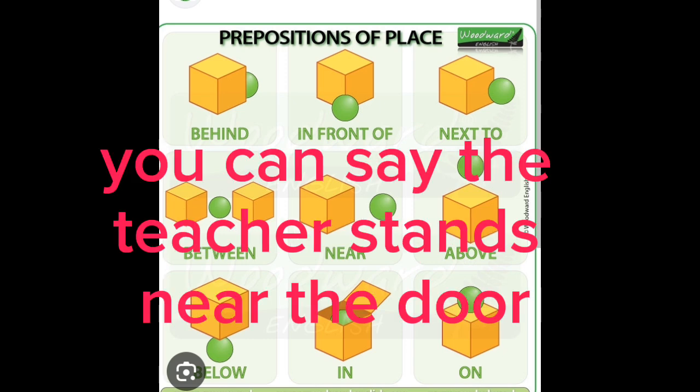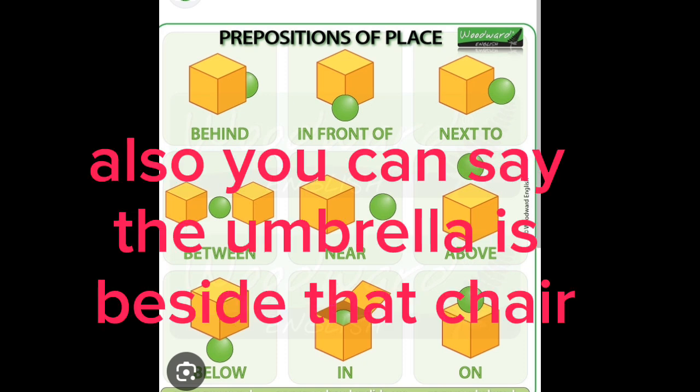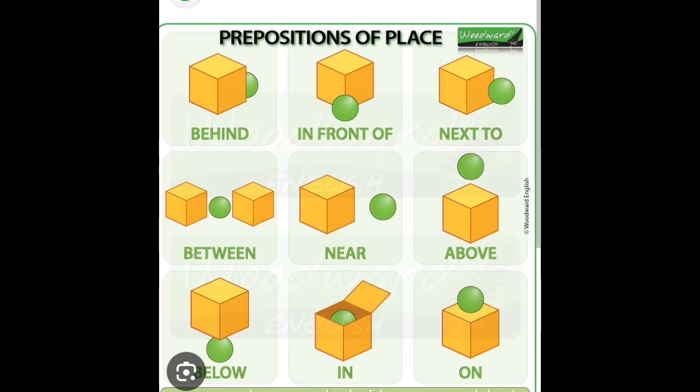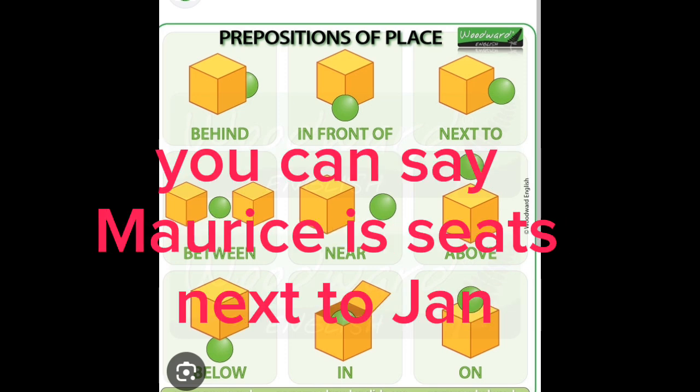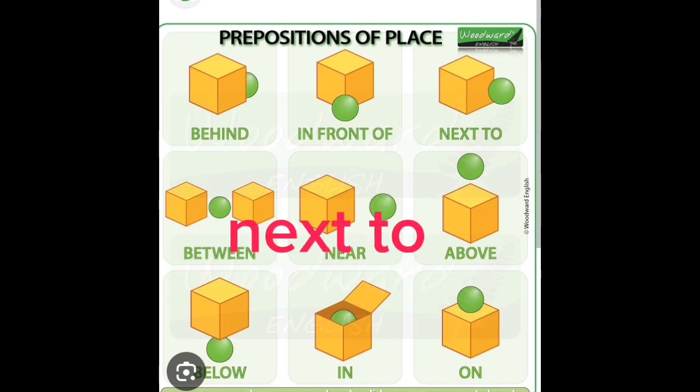For example, you can say the teacher stands near the door. Also, you can say the umbrella is beside that chair. Another example, you can say Maurice sits next to Jen. This is the next preposition, next to.